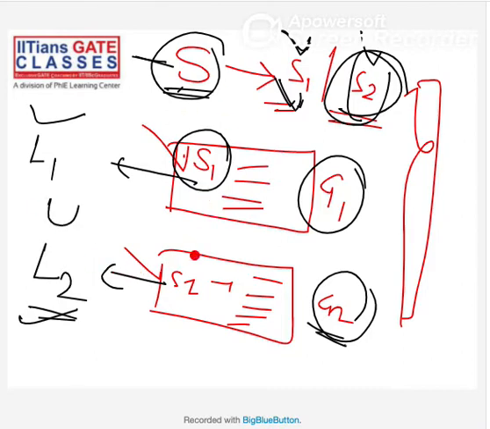And this grammar is a context free grammar, because in a CFG the restriction is that on the left side of every production you must have exactly one variable. You can see this condition is satisfied, so this is a CFG, and it is generating L1 union L2.